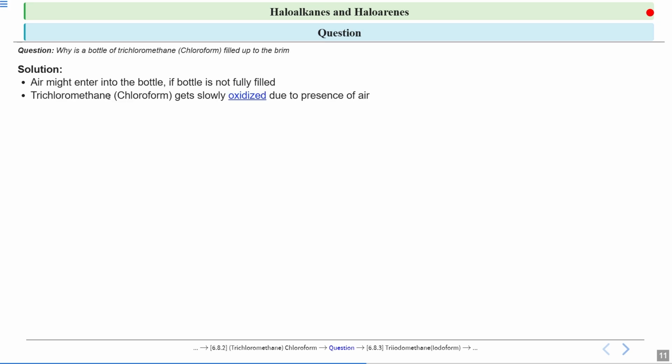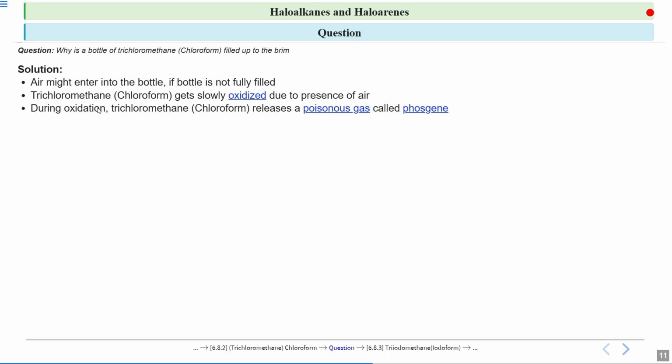What will happen through that? Trichloromethane or chloroform, due to the air contact, gets slowly oxidized due to the presence of air.